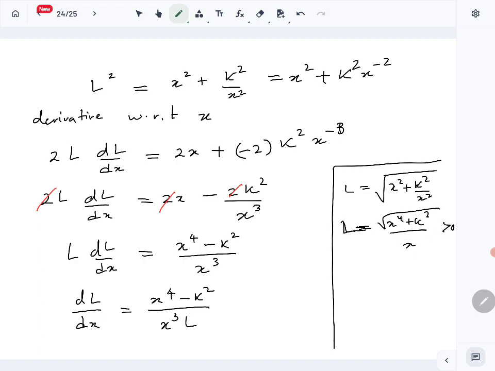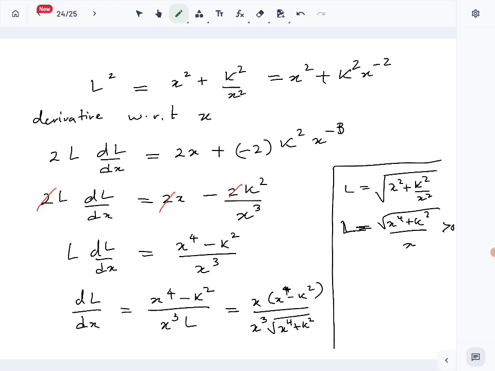So we know this is positive and x is also positive. So if we plug in here and shift it, you get this over x cube times the square root of x to the 4 plus k squared, right?